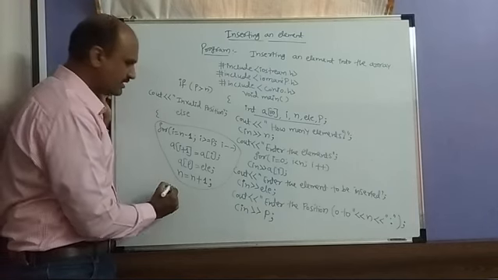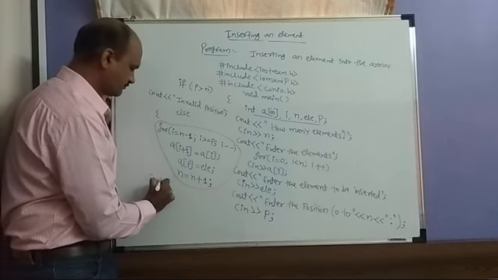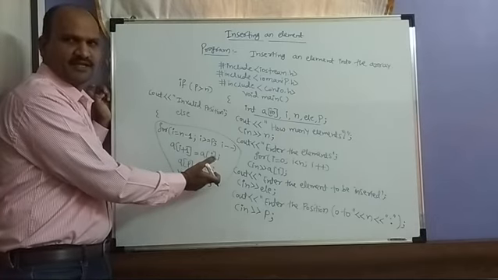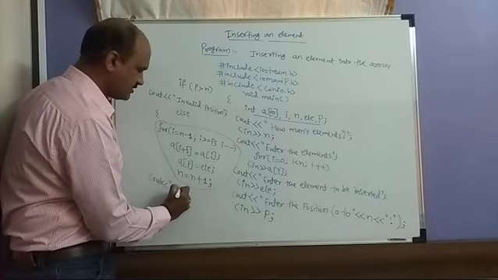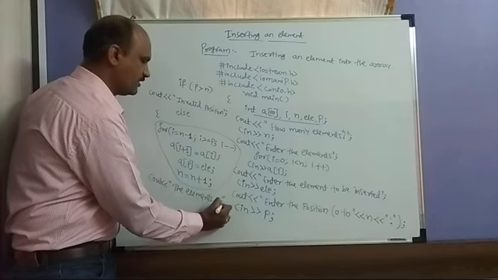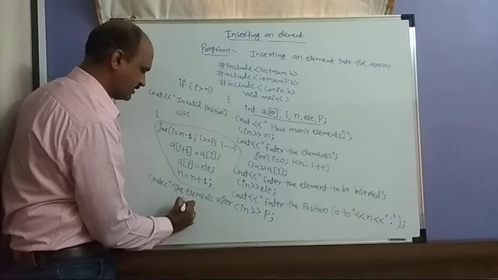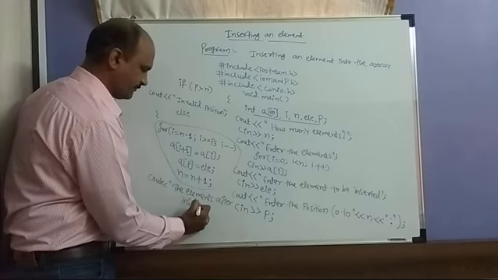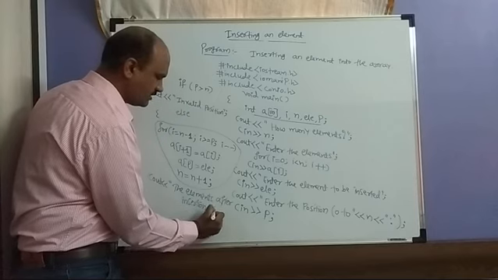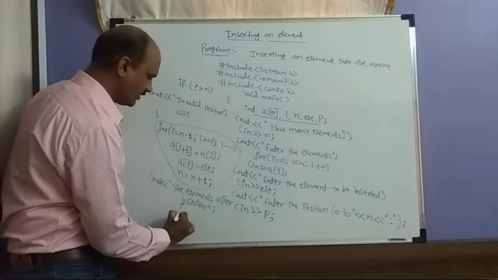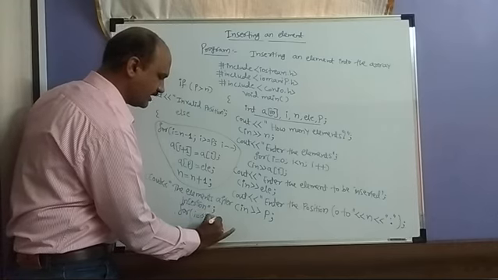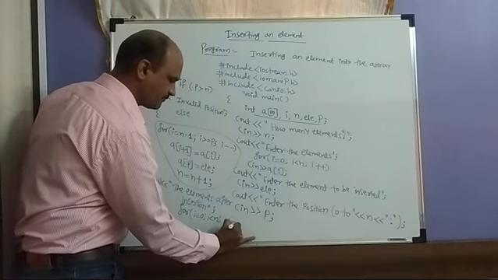Then lastly cout. After inserting, the elements should be printed. So the elements after insertion, you have to read again with for I is equal to 0, I less than n, I plus plus.